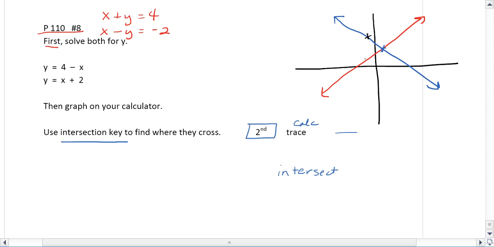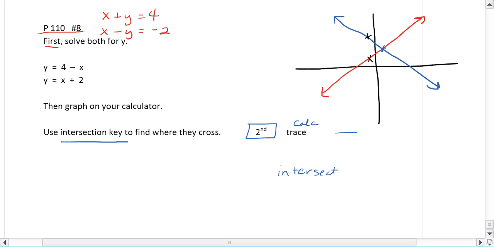Now it's blinking on the red line and it's saying second curve. It does use the word curve, but that could refer to anything, like a parabola. It's just referring to a line in this case. It's asking if the red line is the second curve, so I'm going to hit enter to say yes.